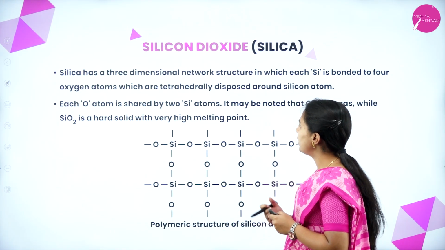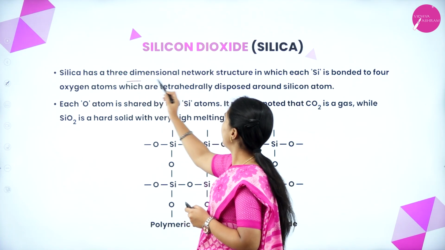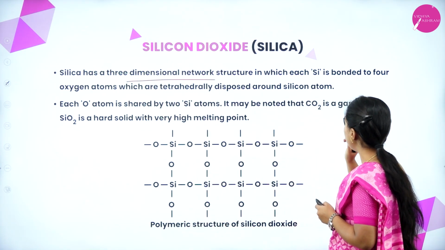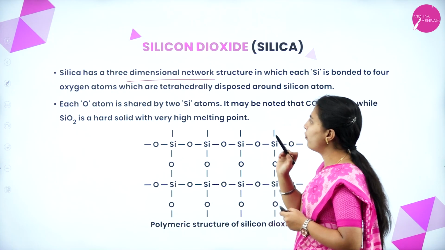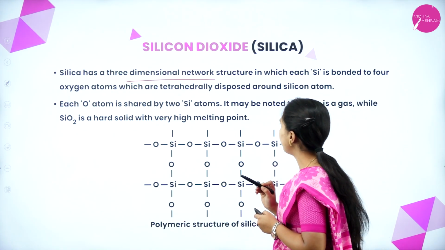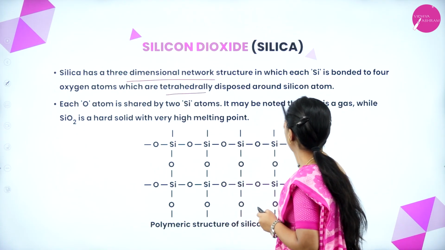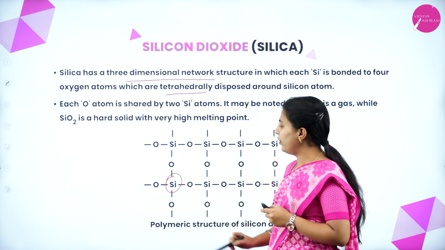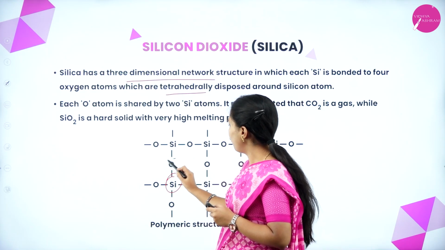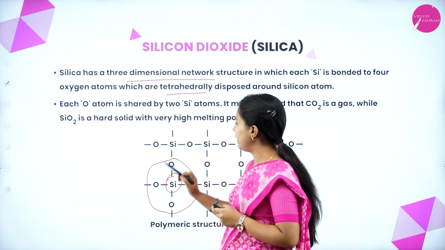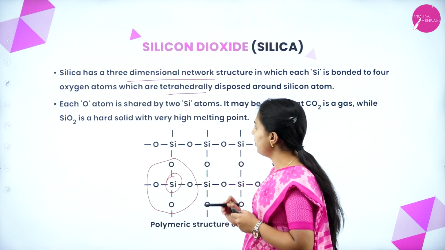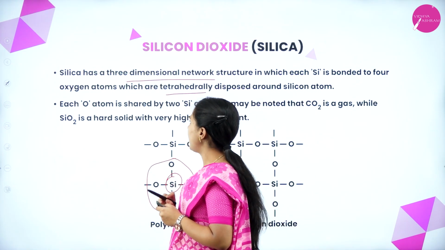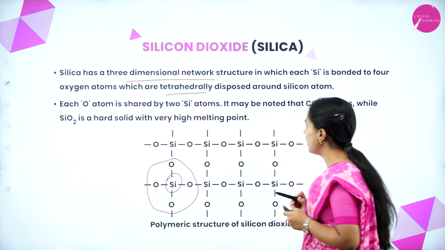Silica has a 3-dimensional network structure in which each silicon is bonded to 4 oxygen atoms, tetrahedrally disposed around the silicon atom. See here, one silicon will be attached with 4 oxygen, forming a tetrahedron. Each oxygen atom is shared by 2 silicon atoms.